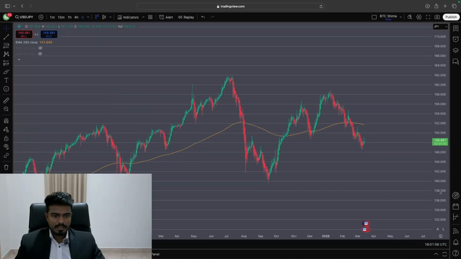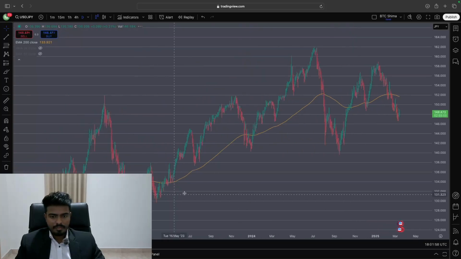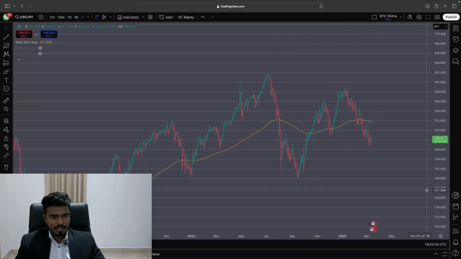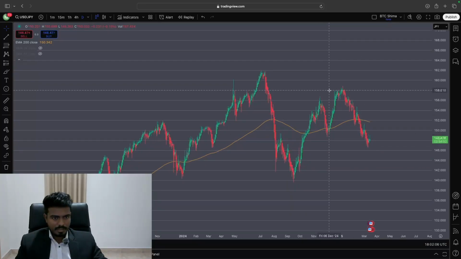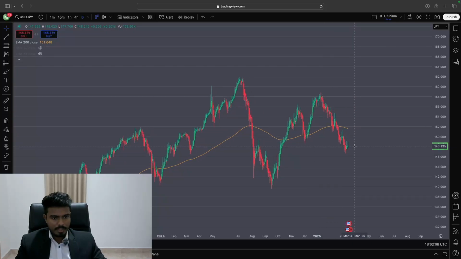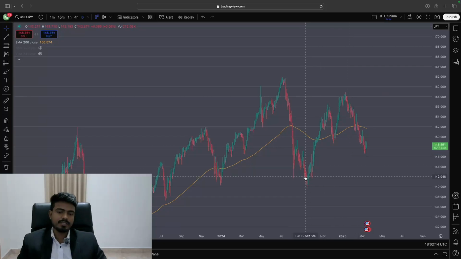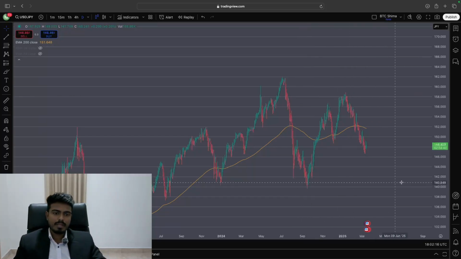As you can see from this one, it's going to be an uptrend. There's a little downtrend, so we can't tell exactly it's a downtrend. Sometimes it will be a pullback and again upwards. So we have to wait patiently until this section.